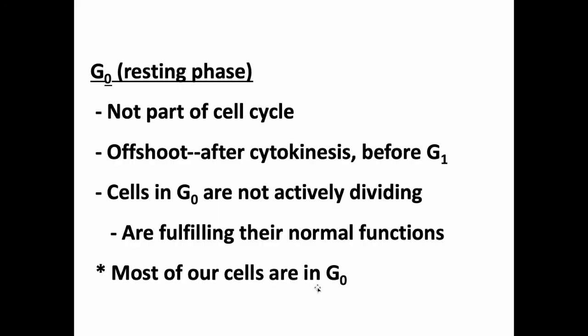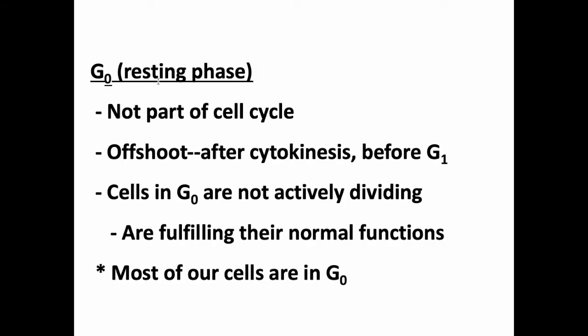Most of the cells in our body are in G0. Your skin cells, they're doing the job of secreting oils and sweat and stuff like that. They're doing their job. They're not dividing. They're in G0. Your muscle cells, they're contracting when you tell them to do so. They're not dividing. They're doing their job. They're in G0. Cells in your liver, neurons in your brain, virtually all the cells in our body, they're not resting.